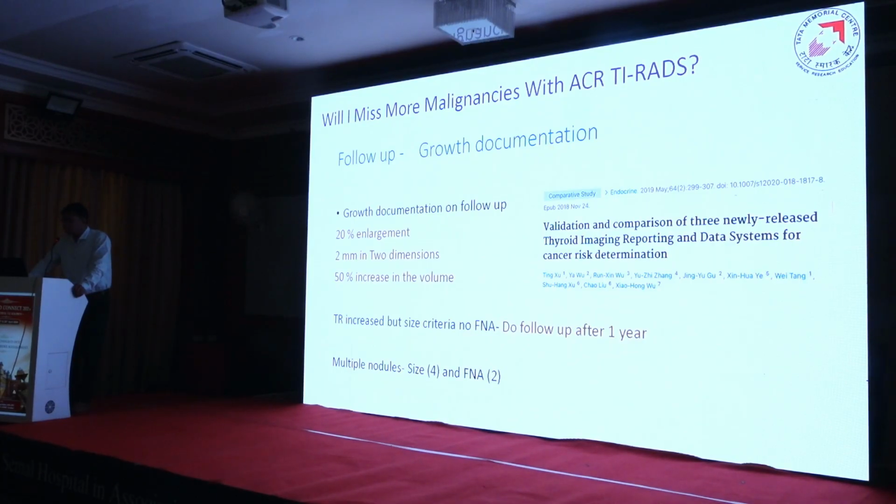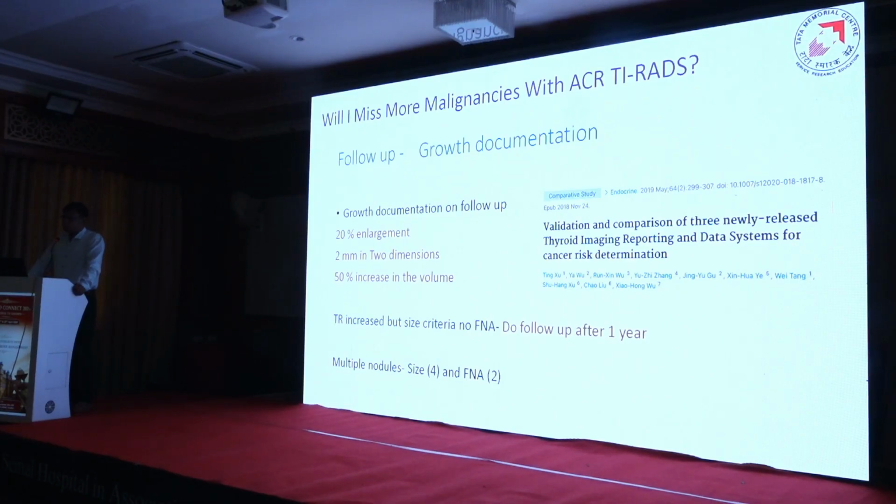So the question will arise whether, if we adopt this TIRADS classification, we will miss malignancies. If the lesions are small, less than 1 centimeter, entirely intrathyroidal, and not in the posterior aspect or near the trachea, then these lesions can be safely followed up, and we need to document how they are growing.